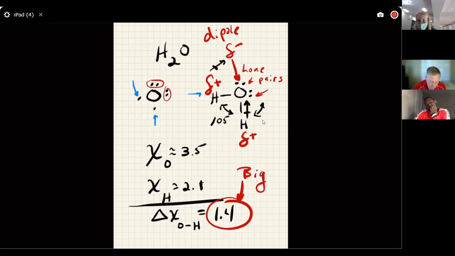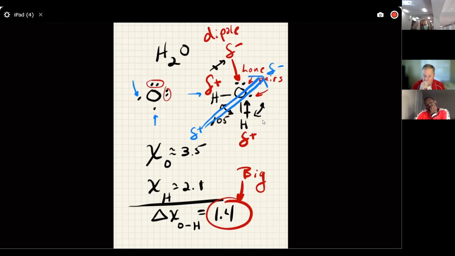We have an angle between these 2. So if we look at it, this side is very delta positive of the water molecule, and way up here by the oxygen is very delta negative. Okay, so this is now a molecular dipole.